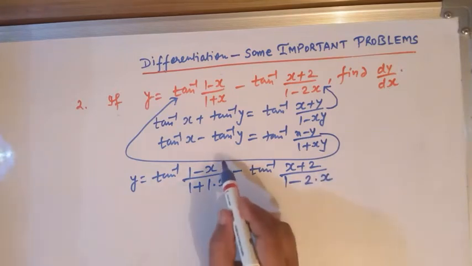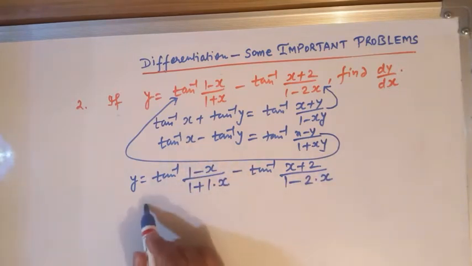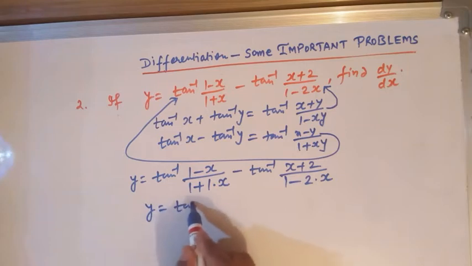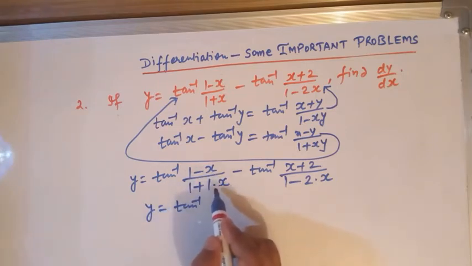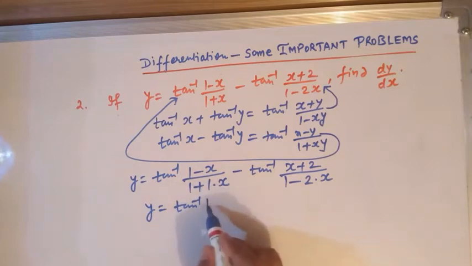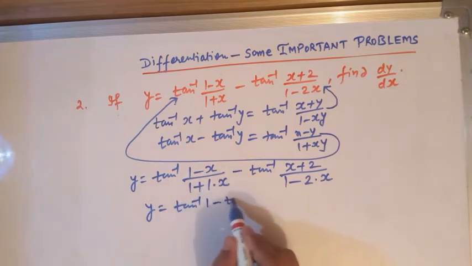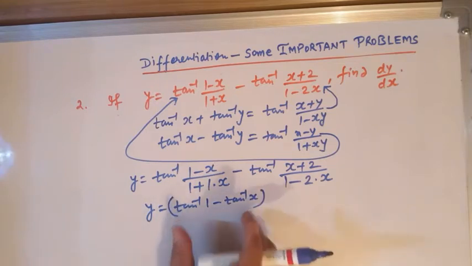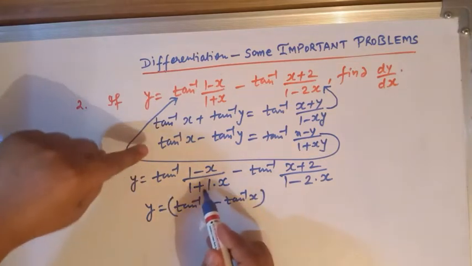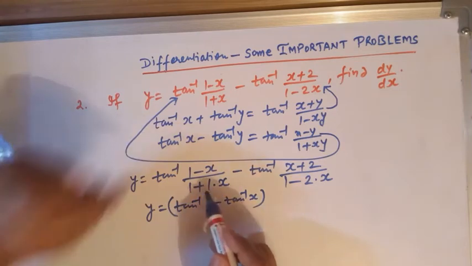So viewers, see, this expression becomes tan inverse of (1 minus x) over (1 plus 1 multiplied by x), which becomes tan inverse of 1 minus tan inverse of x. See, this reduces to this expression by using this formula.